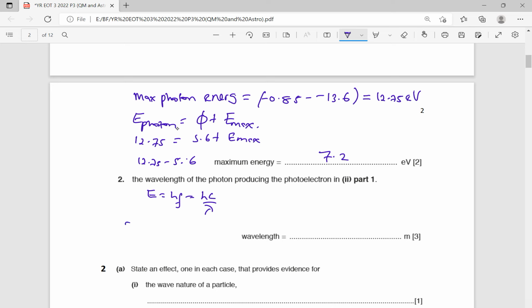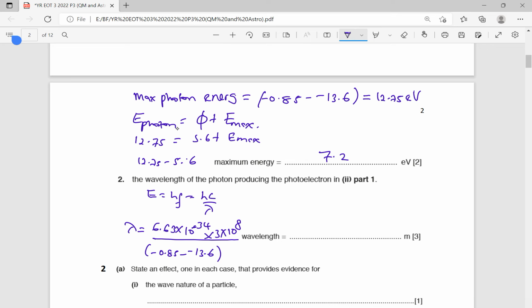So the wavelength lambda is going to be equal to 6.63 times 10 power negative 34, that is Planck's constant, times 3 times 10 power 8, that's the speed of light, divided by, of course, the difference in energy between 0.85 and 13.6, which is negative 0.85 minus negative 13.6.